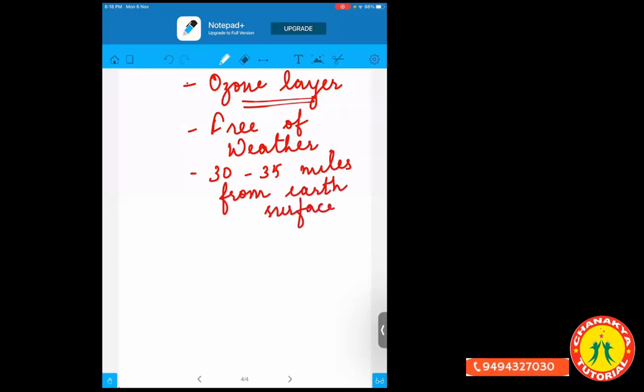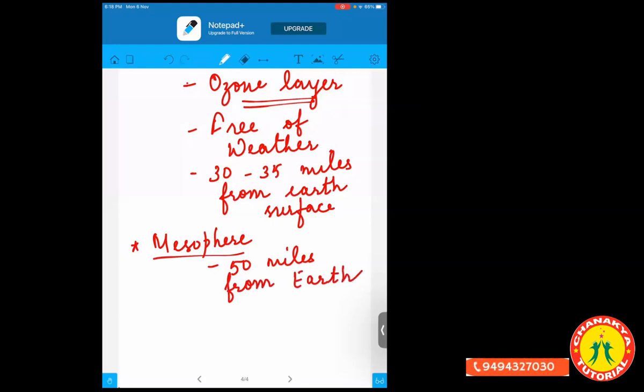Now going to the next layer, the mesosphere. The mesosphere is almost 50 miles from Earth.